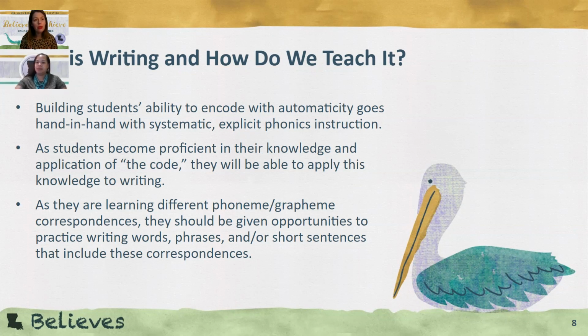As they become more proficient with that, you can introduce short phrases that have the multiple spelling patterns that you've introduced. And then short sentences that include these correspondences and whatever tricky words or heart words you might have introduced at this point.